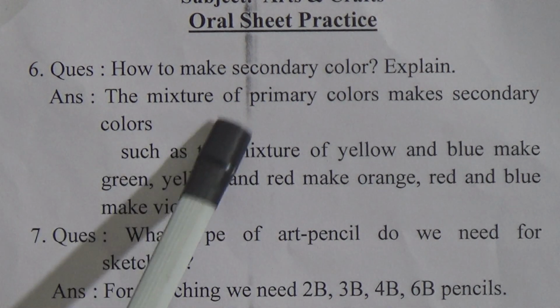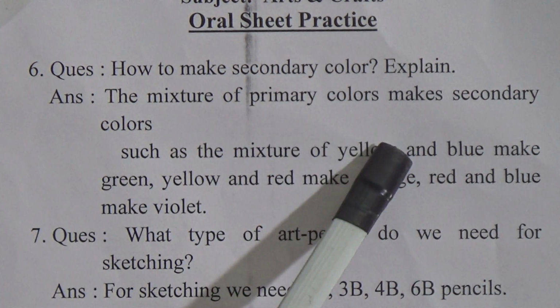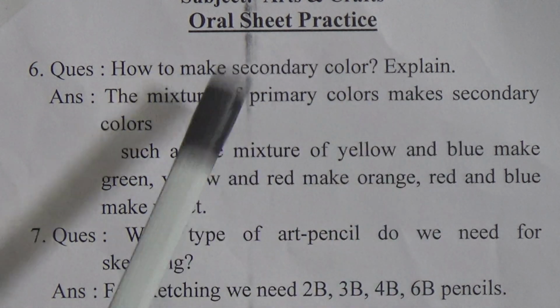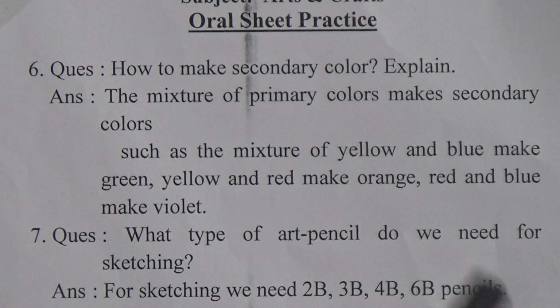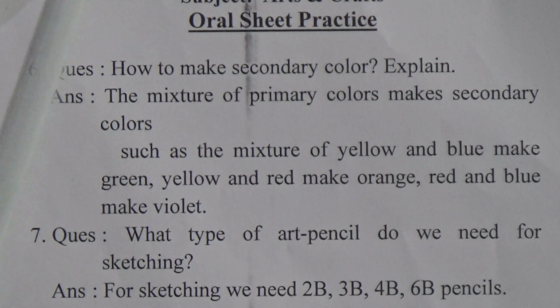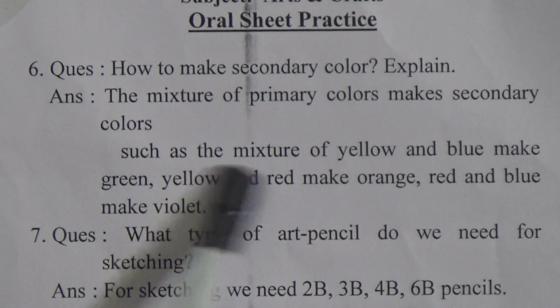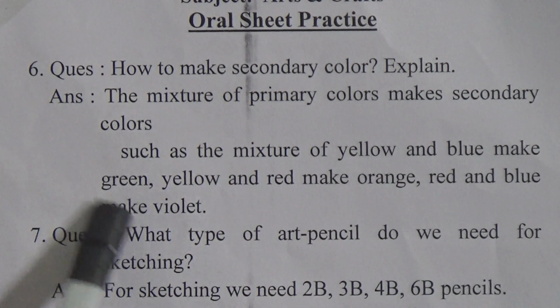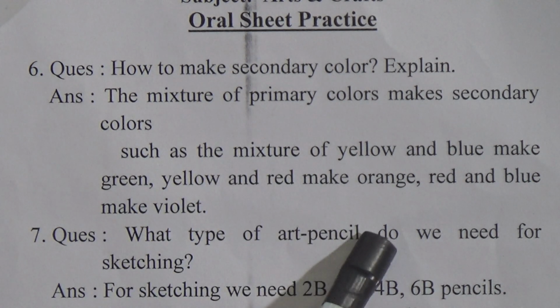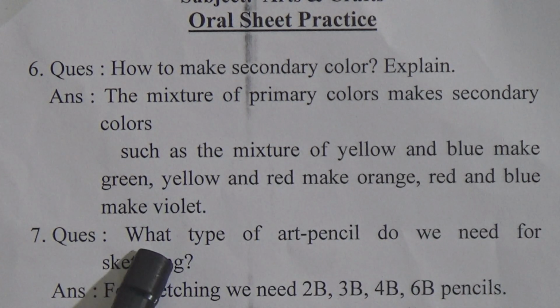The mixture of primary colors makes secondary colors. That means when red, blue and yellow meet each other and make another color, that's called the secondary color. Such as mixture of yellow and blue makes green, yellow and red make orange, red and blue make violet.